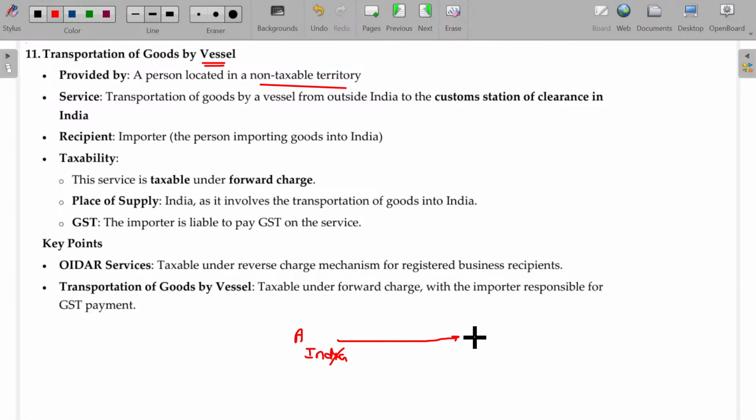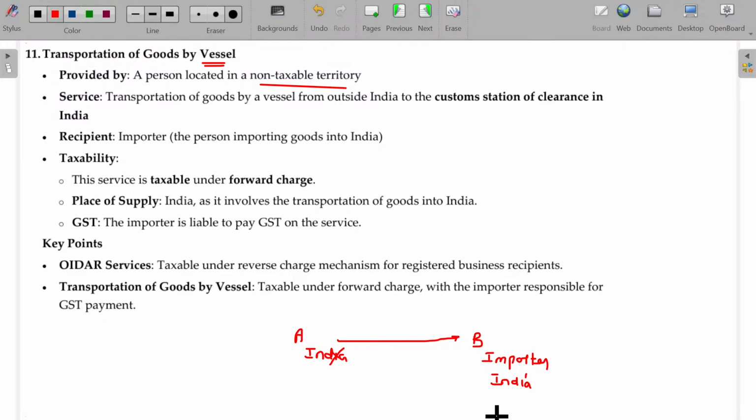Usually B, who is in India, may be the importer. If supplier and recipient both are not in India, never bother about that. If both are in India, no problem, forward charge is applicable. If the supplier is non-resident and the recipient is in India, automatically IGST will be applicable, that too payable under RCM basis.